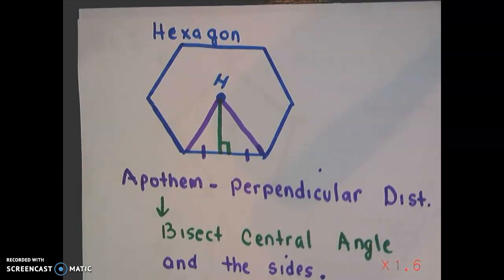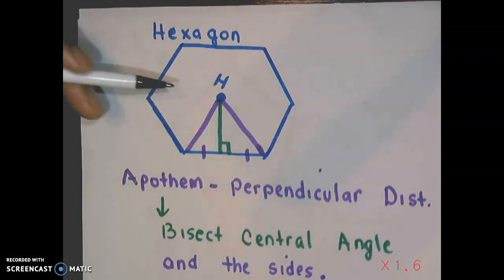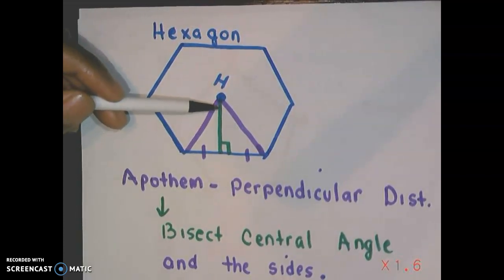Since it is a video, you can go back and replay it, but at least take the time to pause and write down these definitions. All right, thank you. So back to the apothem, which is this perpendicular distance here.